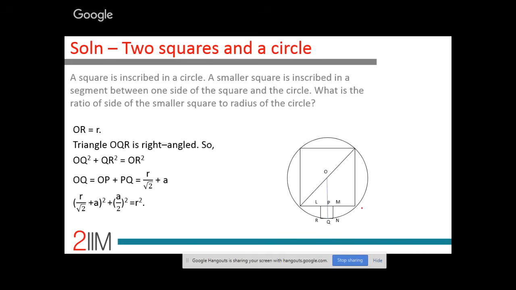Because you'll have to say R by root 2 plus A the whole square plus A by 2 whole square equals R square. So you'll have R square terms, AR terms, and A square terms. So divide throughout by R square, you get A by R terms. Call that X and then simplify that.